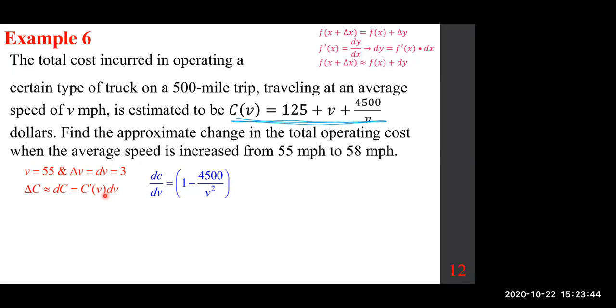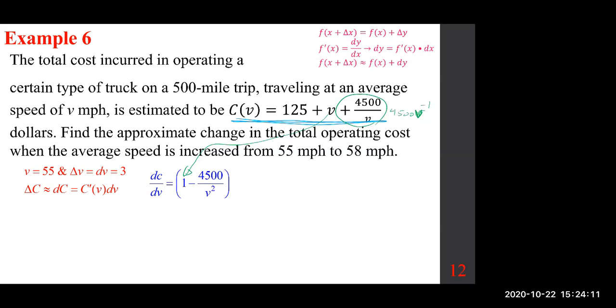And by the way, class, your independent variable is V, so that gives you 1. And this one, you can write as 4,500 V to the power of -1.